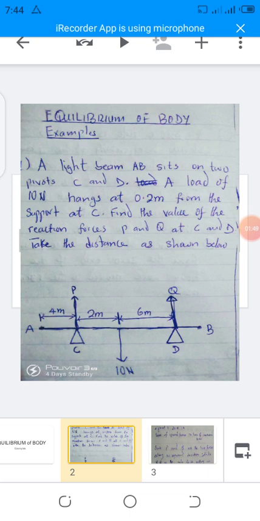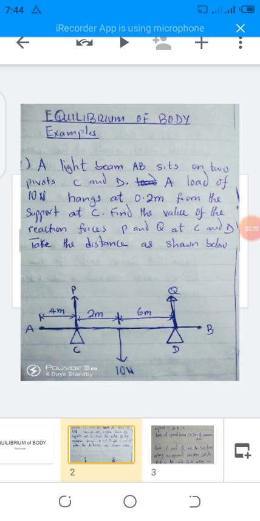At end A of the light beam, from end A to support C, the distance is 4 meters. Then from support C, or rather from reaction P, to the weight 10 Newton, the distance is 2 meters. So therefore, the distance of 10 Newton from support C is 2 meters.